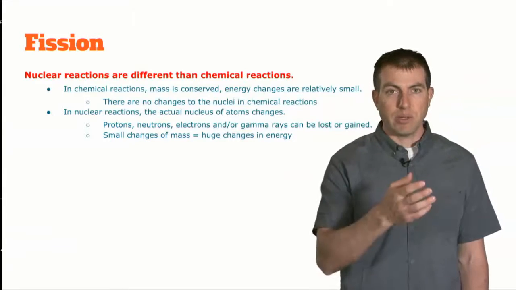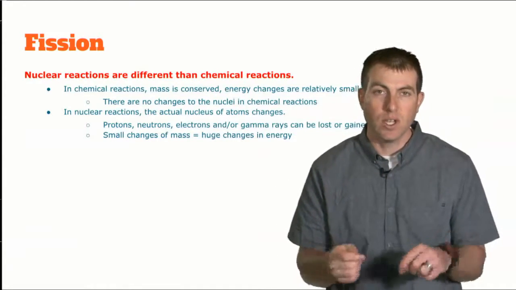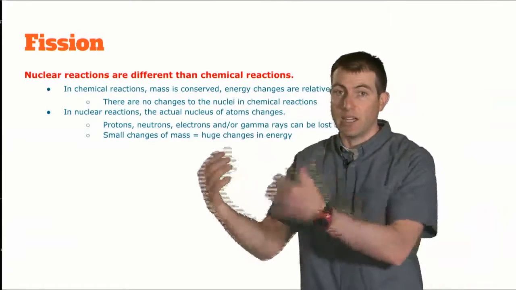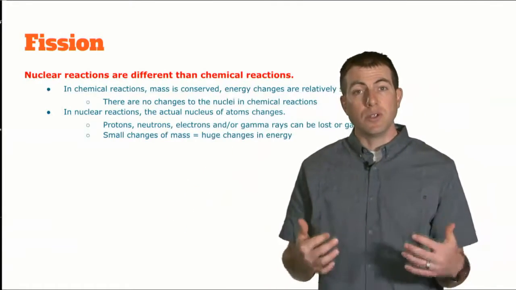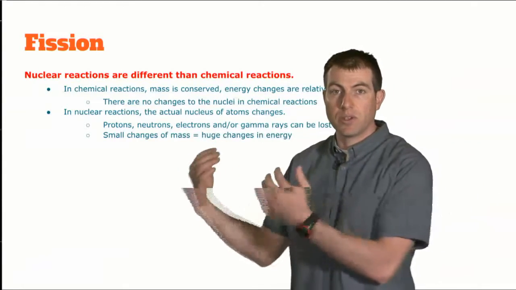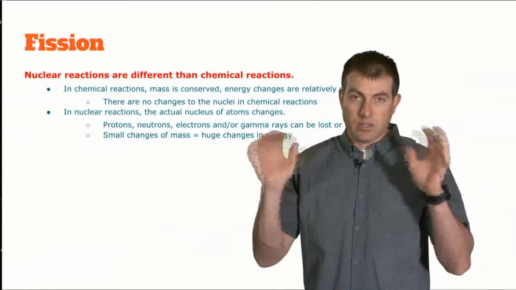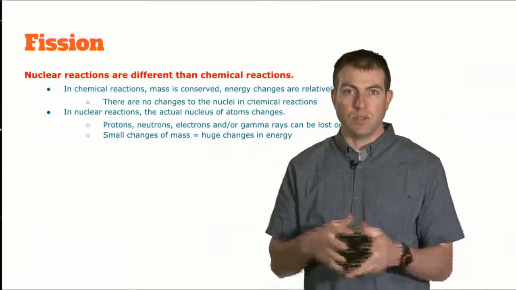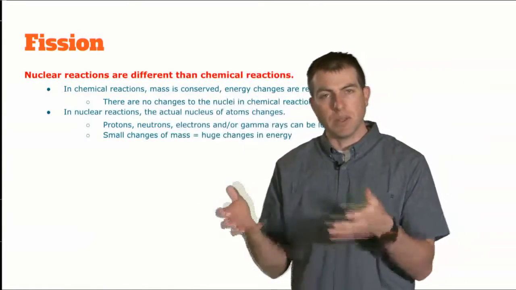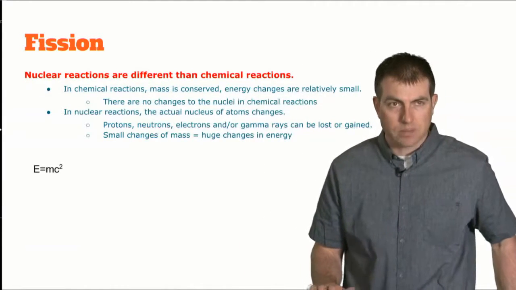We started with carbon, we ended with carbon. That was the whole basis for balancing chemical equations: you started with something, then you had to finish with it. But now that we're doing nuclear equations, you can start with uranium and you can end with krypton and barium. It doesn't really make sense that you can start with one element and end up with something else, but that's what's special about nuclear equations.